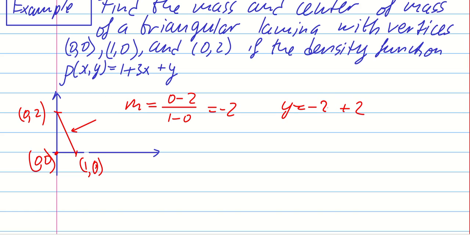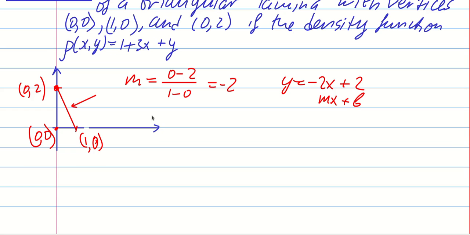Right, mx plus b, and b is the y-intercept, which is this point over here. So we know the equation of this line is negative 2x plus 2.